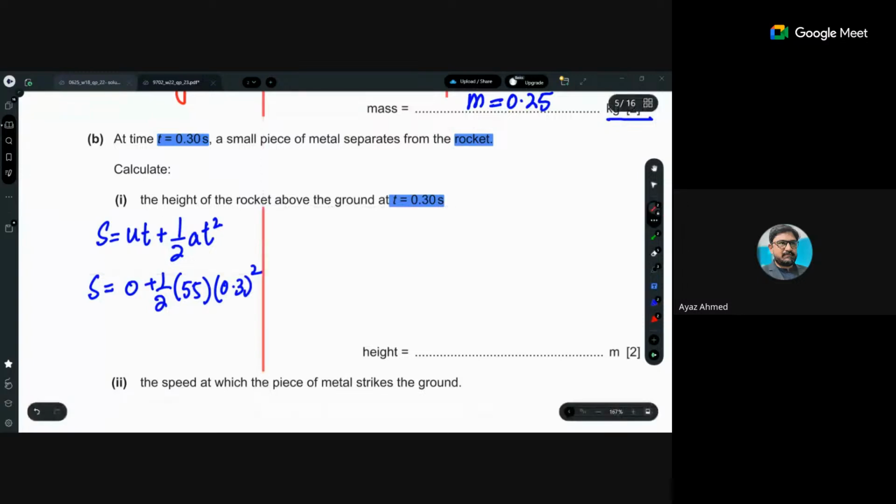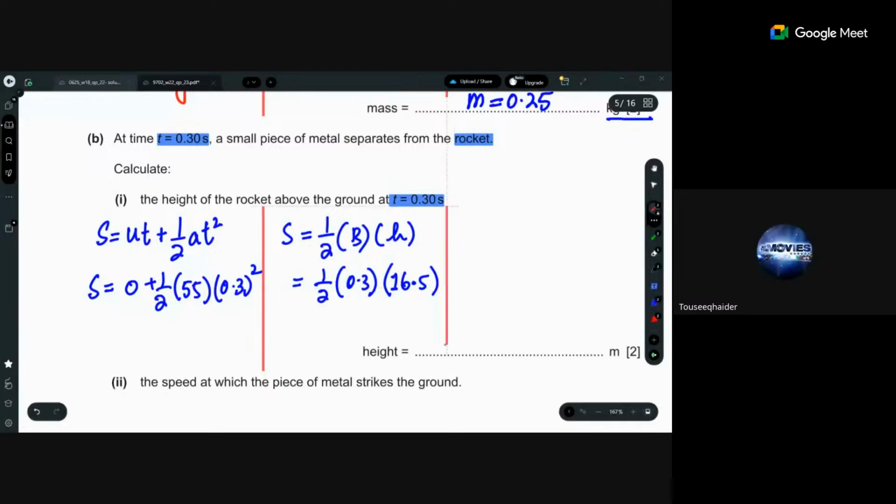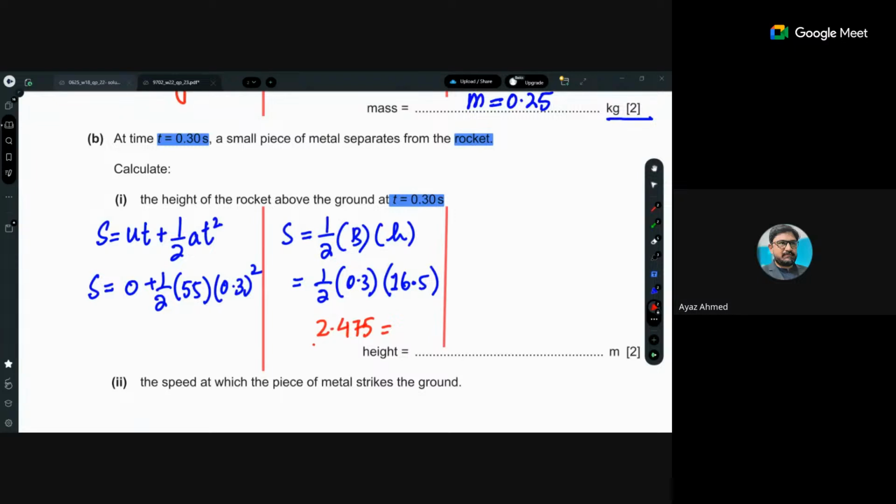जब तक मैं इसका area under the graph वाले point से भी लेके आता हूँ, तो area under the graph would be same thing, I think. Area under the graph आपके पास क्या होगा, it would be 1/2 base times height, है ना. जी सर. तो 1/2 base इसका है 0.3 seconds पे 16.5, ऐसे ही है ना. करो जरा solve, एक ही जितना answer आना चाहिए हमारे पास. दोनों का same answer आ रहा है, तो क्या answer आ रहा है आपके पास, 2.475. तो इसको भी हम लोगों ने round off करना है to two significant figures, so it would be 2.5 meters again.